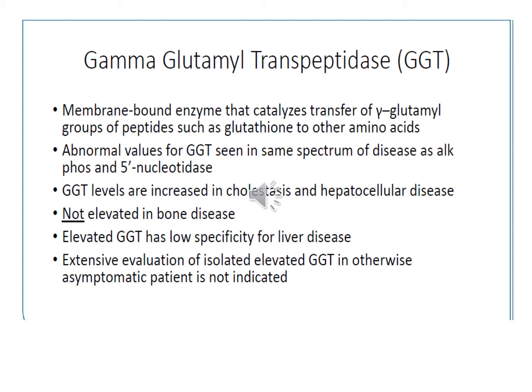It is not elevated in bone disease, so it can help to detect the origin of alkaline phosphatase. Elevated gamma-GT has low specificity for liver disease. Extensive evaluation of an isolated elevated gamma-GT in an otherwise asymptomatic patient is not usually indicated.